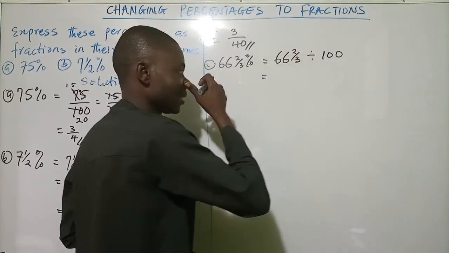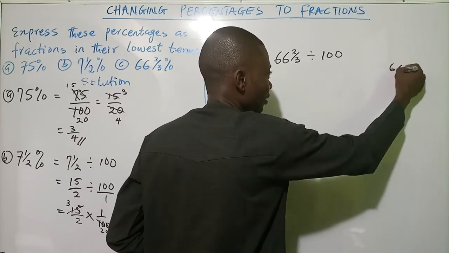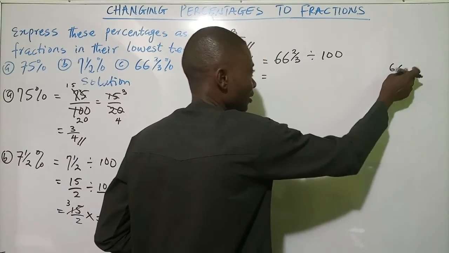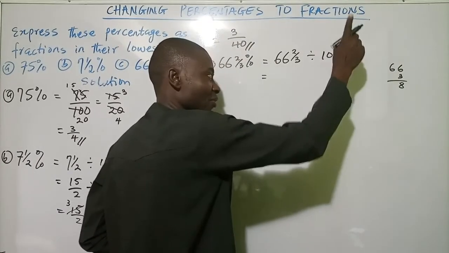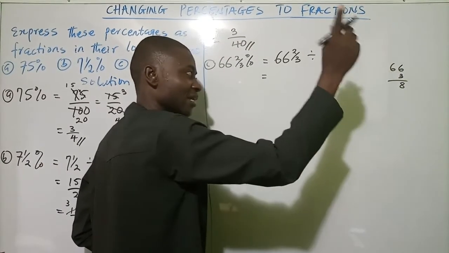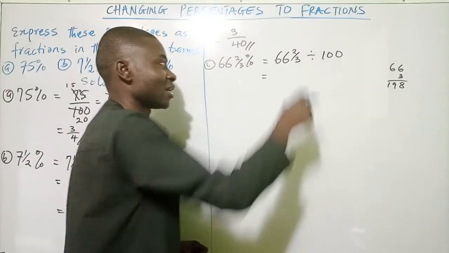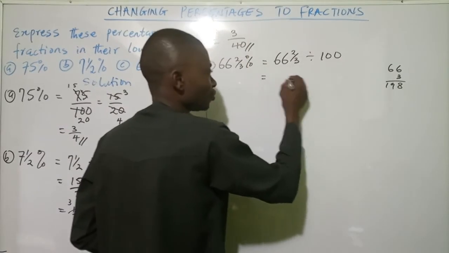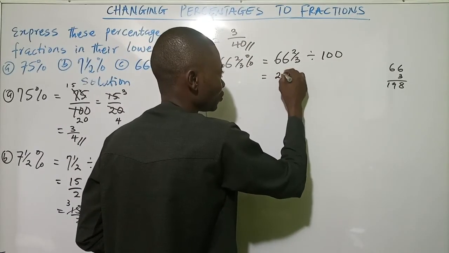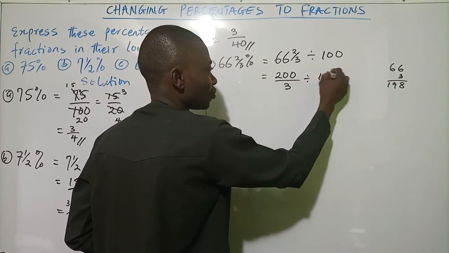3 times 66. Let's quickly run it here so that you understand. 3 times 6 is 18. We write 8, carry 1. 3 times 6 is 18 again, plus 1, 19. Are you following now? Now plus the 2, this will give us 200 over 3, divided by 100.